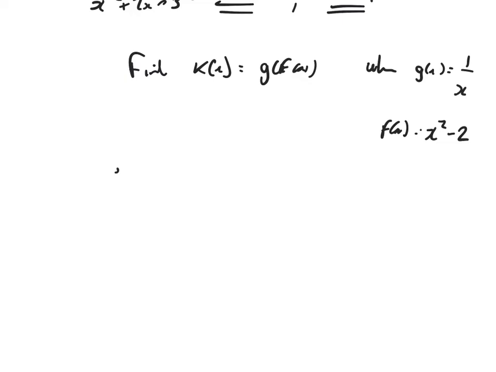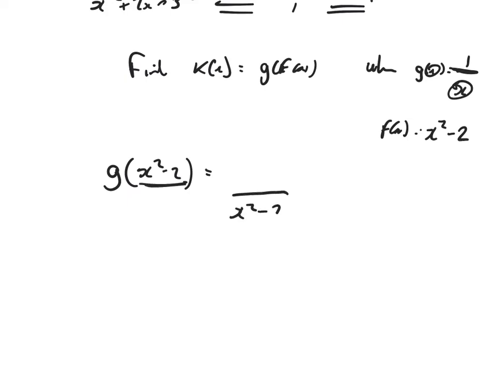Okay, so k of x, which is g of f of x, g of x squared minus 2. So the g function is whatever's in the bracket is on the denominator of a fraction with 1 up top. So whatever's in the bracket is on the denominator of a fraction with a 1 up top.